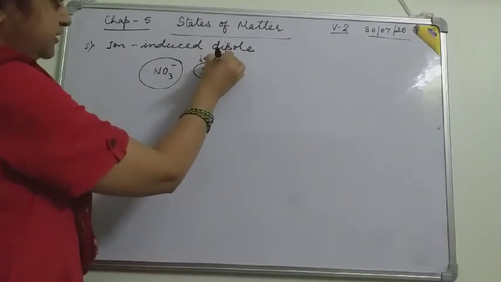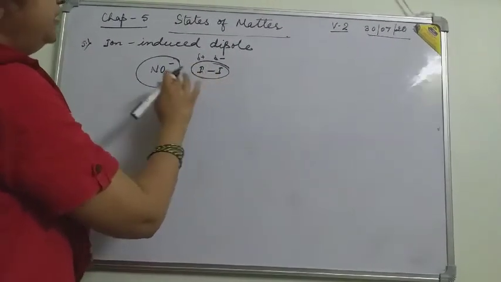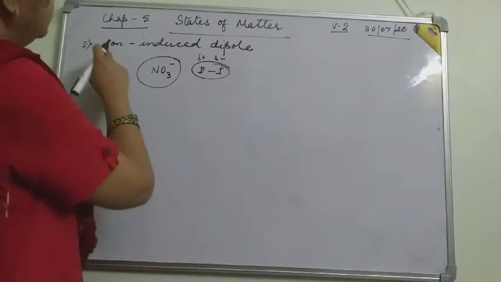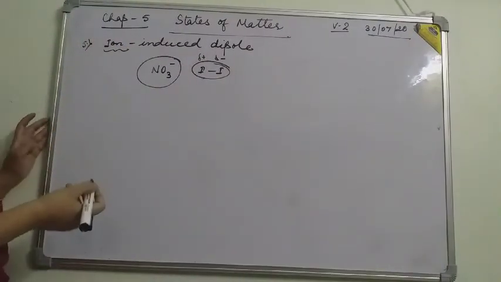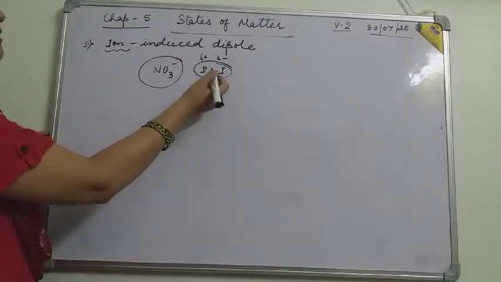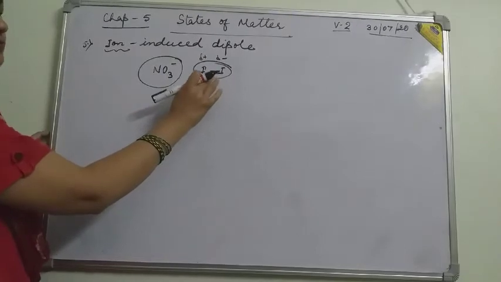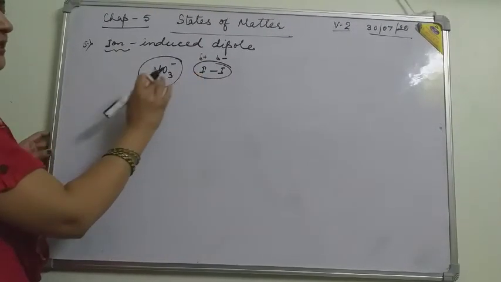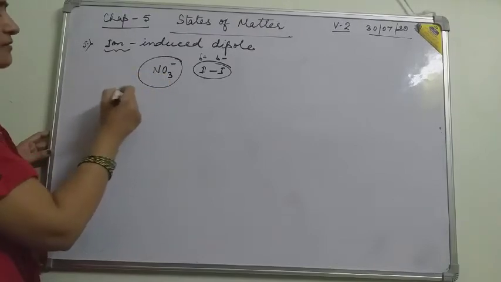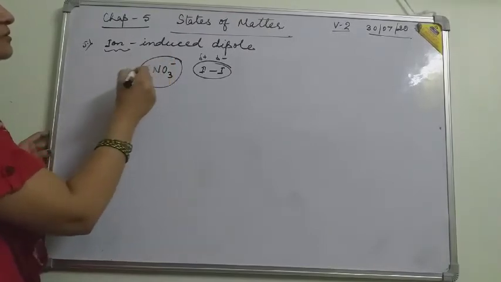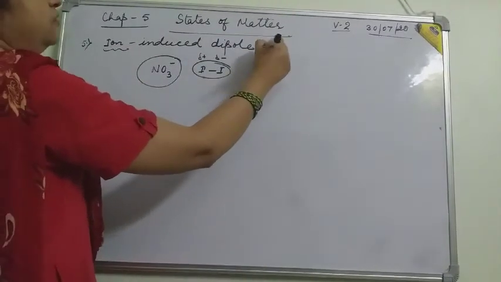This is positive and this becomes negative. It is a non-polar molecule of I2 and it becomes polar due to the induction of this ion. The extent of polarizability depends on the size of the molecule and the strength of the ion.